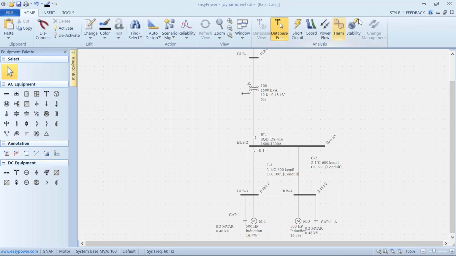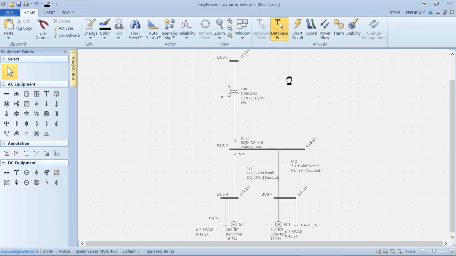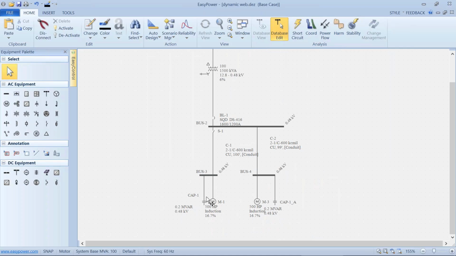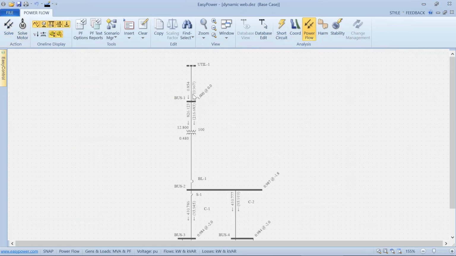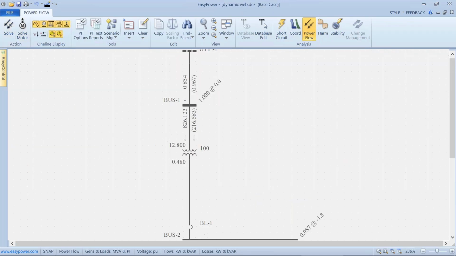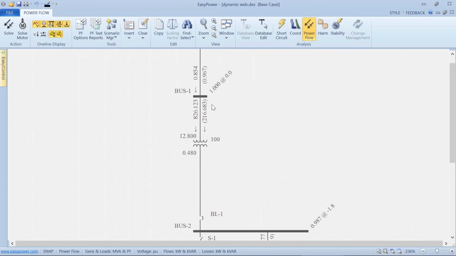Let's say I've got a one-line diagram here with some large motors, and I've already got some power factor correction on them. So in a normal power flow solution, I've got my power factor, which I'm illustrating here by the real power versus power factor on the utility.